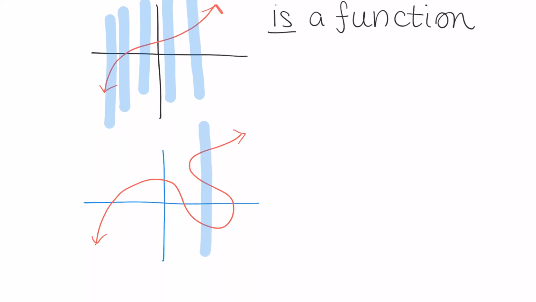Oh, look, right here. See? It's passing through my red curve twice. So therefore, this is not a function. Not a function because it fails the vertical line test.